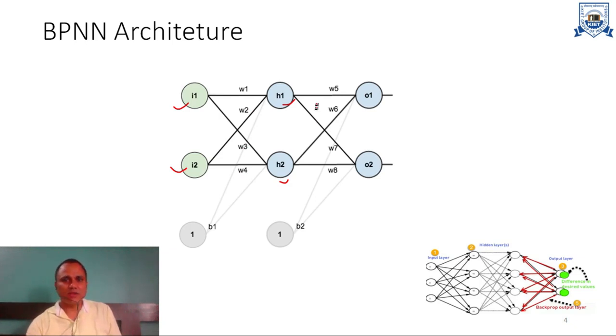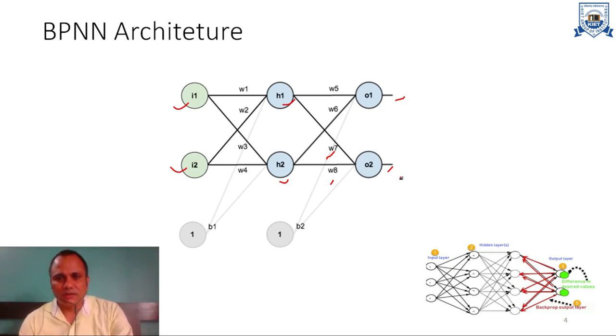In a similar way, the hidden nodes also have corresponding weights in the form of W5, W6, W7 and W8. We have two biases, B1 and B2, so that we can have constant values, and finally we receive the error at the output layer. We have O1 and O2 that help to obtain our error.